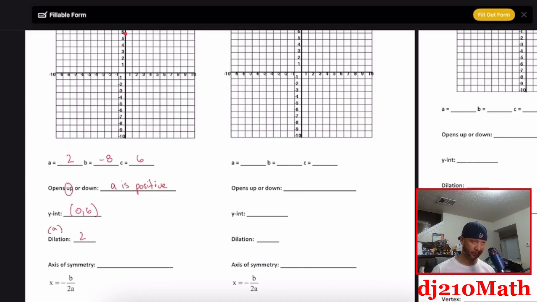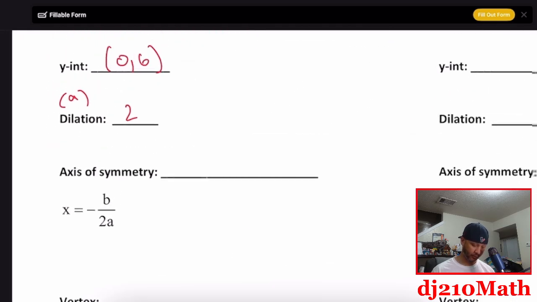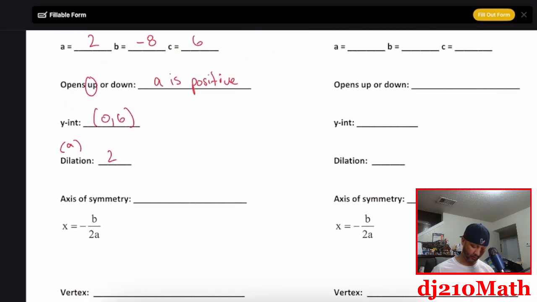All right, axis of symmetry. We can find the axis of symmetry by calculating -b over 2a. So b is already negative, so -8 over 2 times a, which is 2.